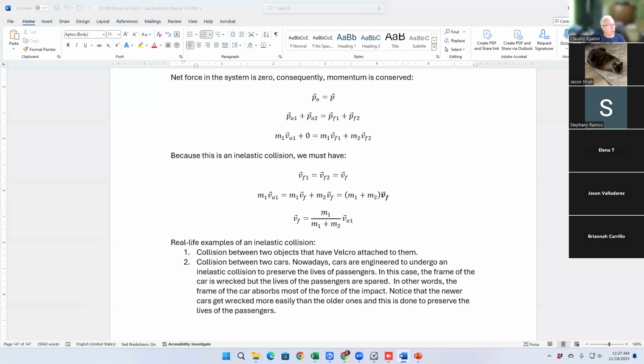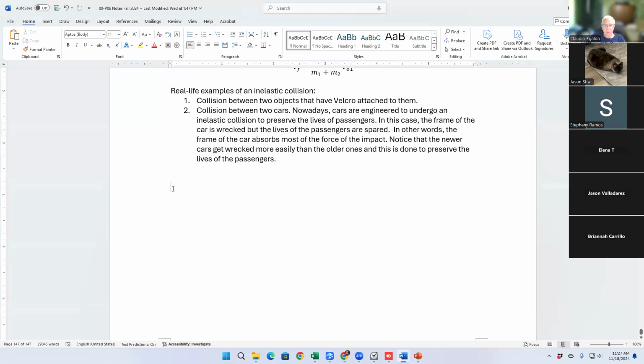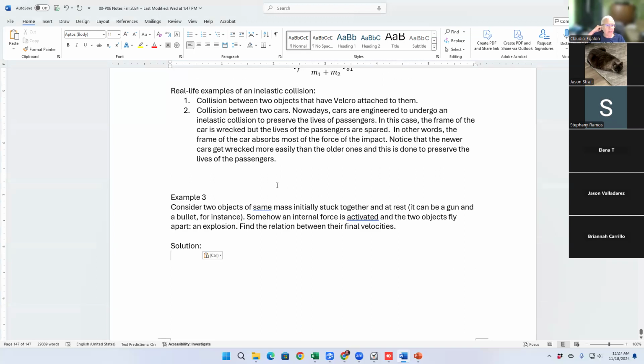We can come up with another example, which is going to be the opposite of an inelastic collision. The situation is like that. Two objects of the same mass, initially stuck together and at rest, can be, for instance, a gun and a bullet. Assume that the gun has the same mass as the bullet. Somehow an internal force is activated.